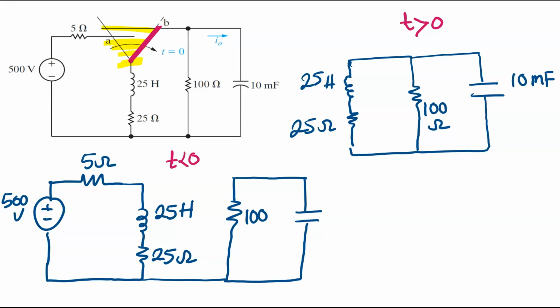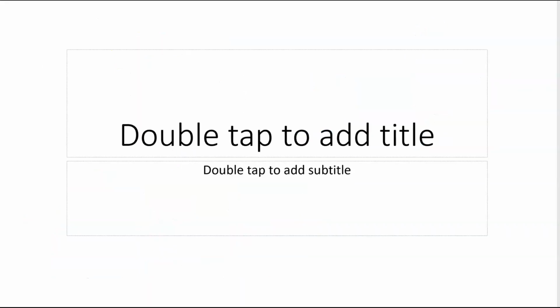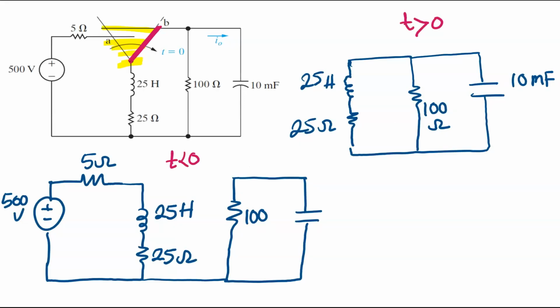Okay, now the question is what I'm going to do with the circuit before zero and what I need to do with the circuit after zero. Why do I need the circuit before zero? I need it for only one reason, and that reason is to find my initial values. And then I have to use my circuit after zero for Laplace domain.